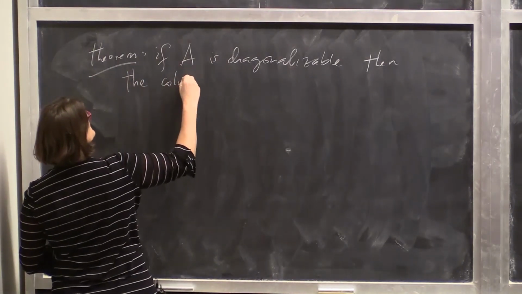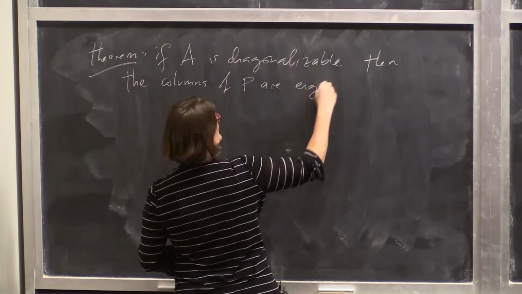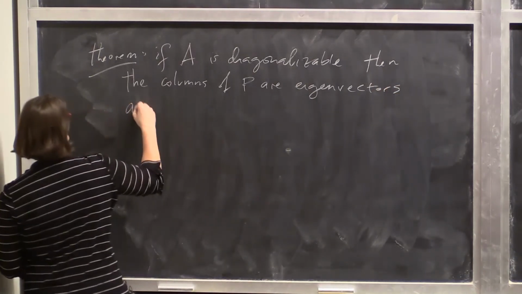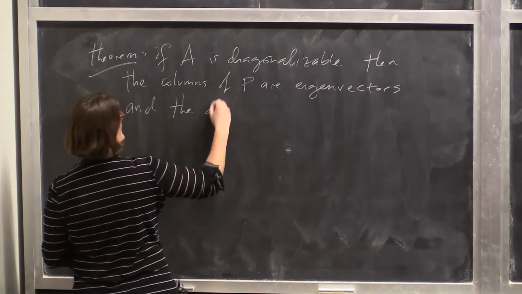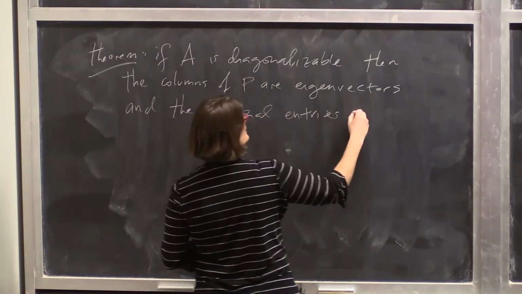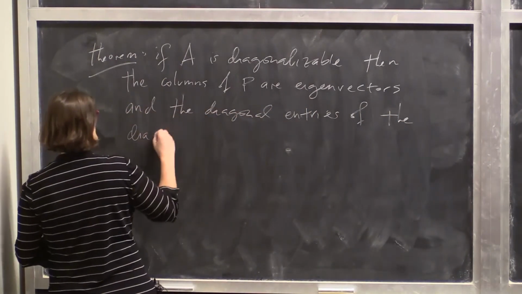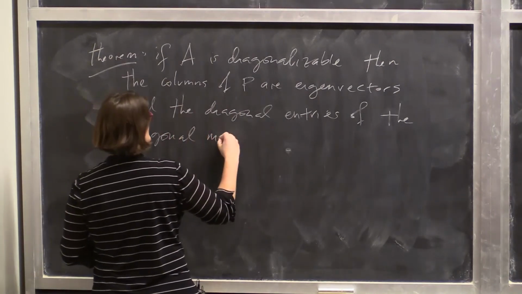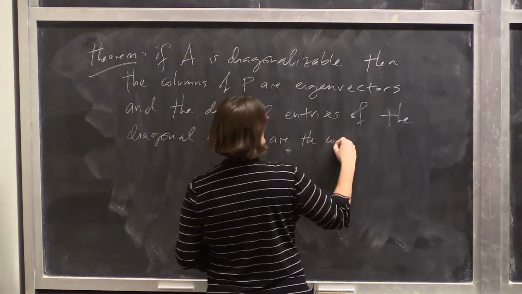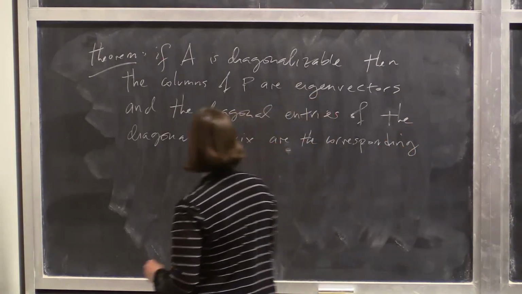the columns of P are eigenvectors, and the diagonal entries of the diagonal matrix are the corresponding eigenvalues.